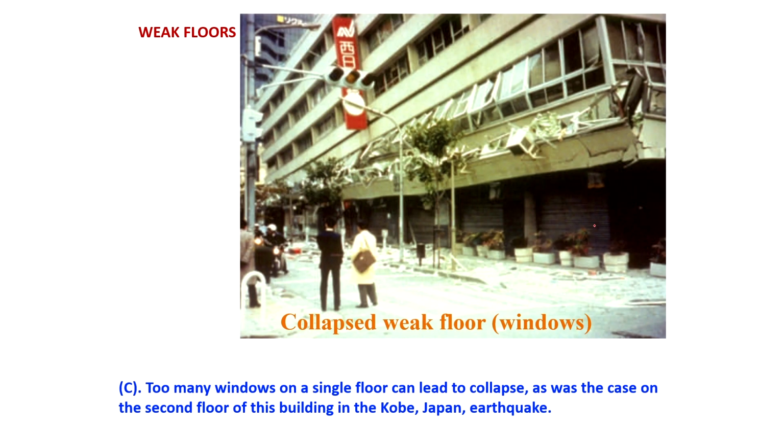Now, coming to another example, where we have multiple stories, but one good thing is that the ground story, which has been used for shops, has some walls provided in between the columns. So, you have the safety here.